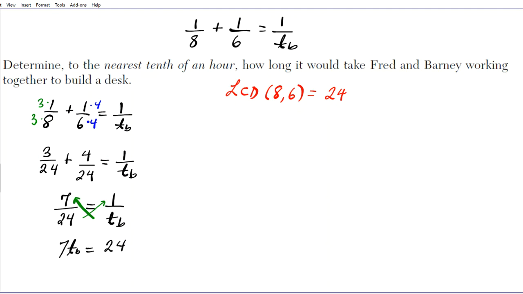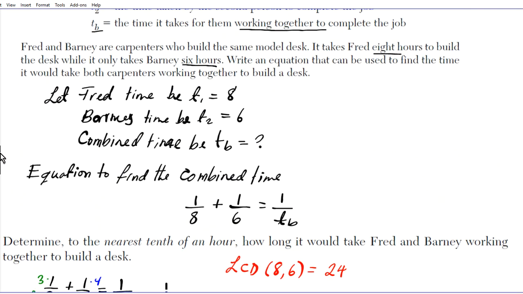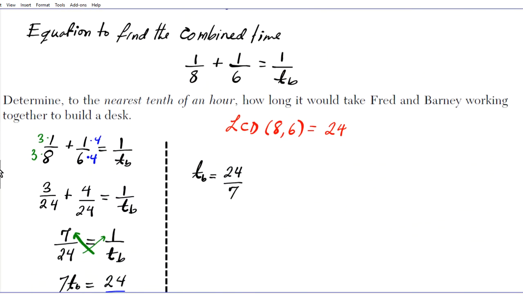To get t sub b, the combined time, isolated, we divide both sides by 7. The exact result for the combined time t sub b is 24 over 7. The unit is hours, 24 over 7 hours.